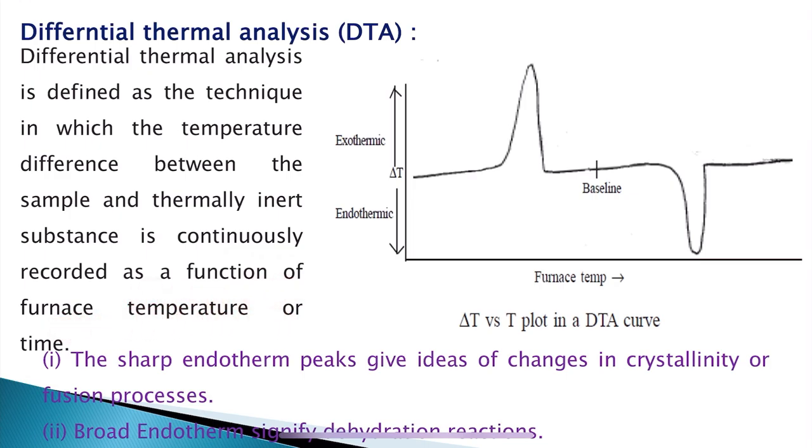This is a typical representation of a differential thermal analysis graph, called the DTA graph. Here we plot delta T, that is the change in temperature, versus the furnace temperature T. This curve is called the DTA curve.